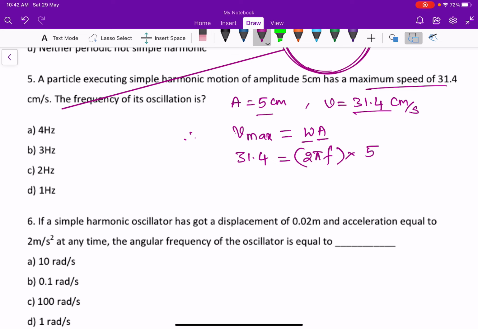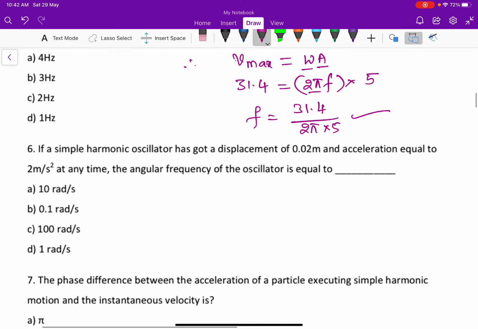So frequency f equals 31.4 divided by 2 pi into 5. By calculating this, you will get the answer, which might be 1 hertz.